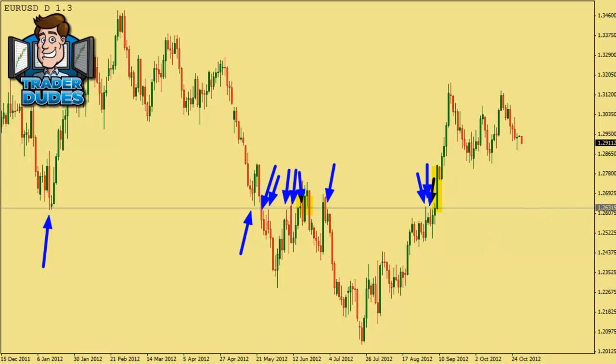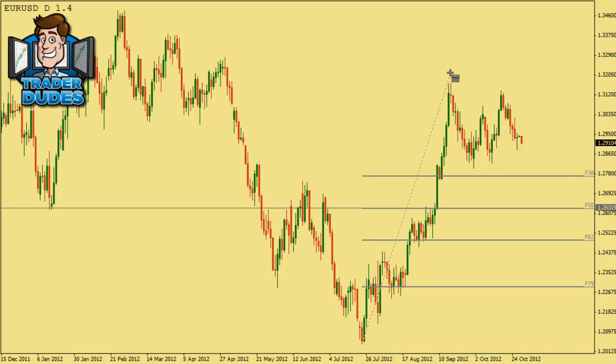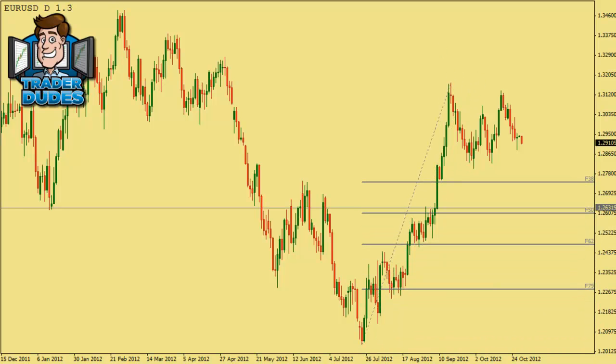Now, if we add our Fibonacci tool, from the recent swing low to swing high, we can see that the 50 level ties in quite well with this support resistance level.